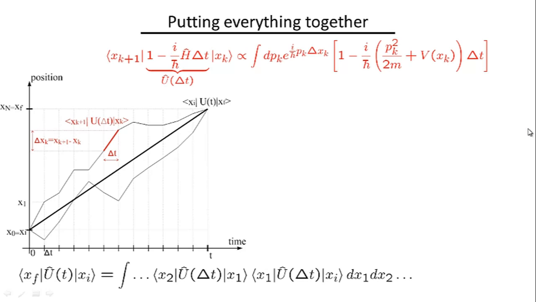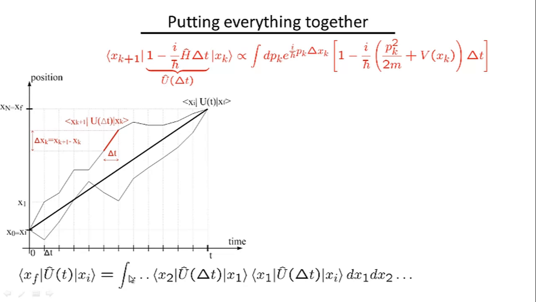It comes from this picture of the propagator. Remember, we want to find the propagator from an initial point x_i, or x0, to a final point x_f in a time t. What we did was split the time interval from 0 to t into n very small time intervals delta t.